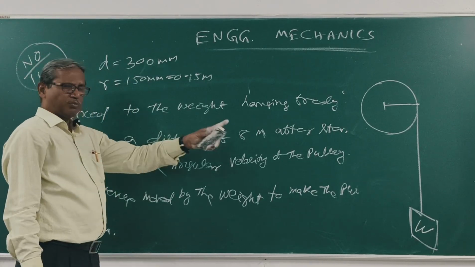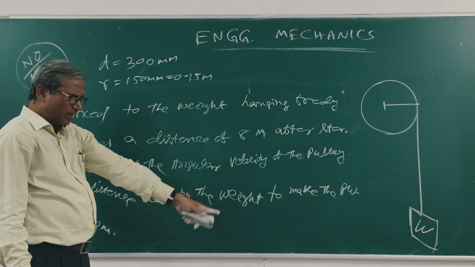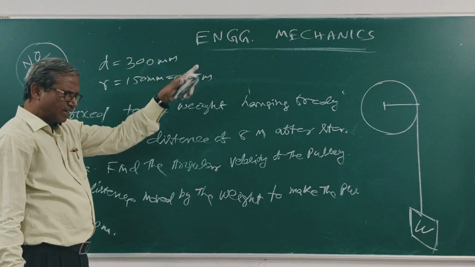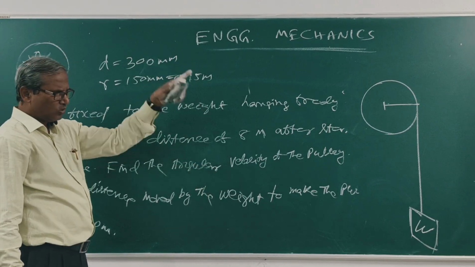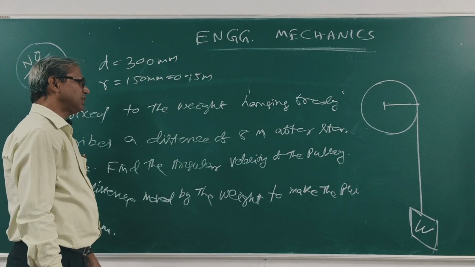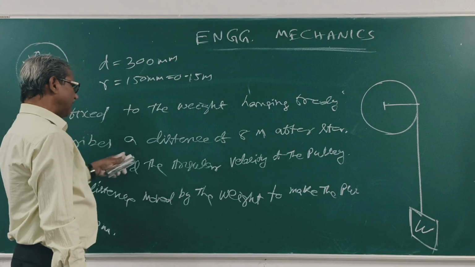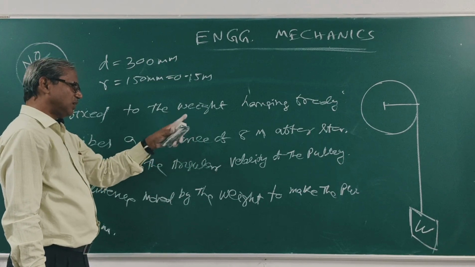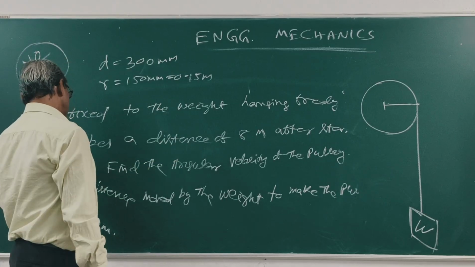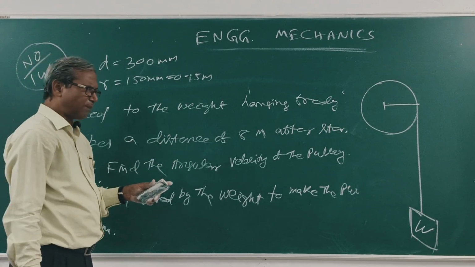One end of the rope is fixed to the pulley and the other end of the string is attached to a weight which is hanging freely. Right? So, the weight descends 8 meters after starting, in 4 seconds.